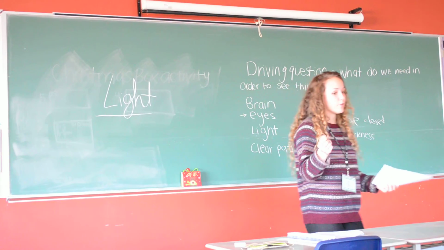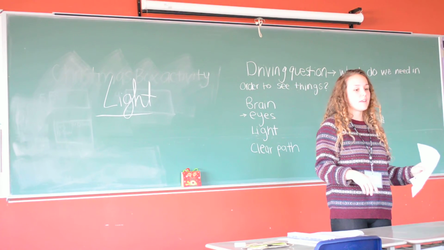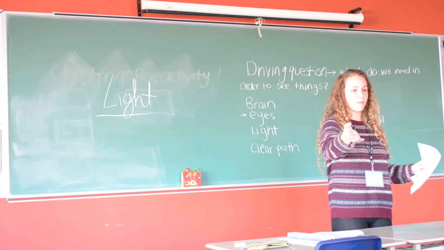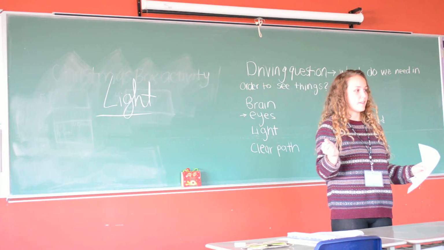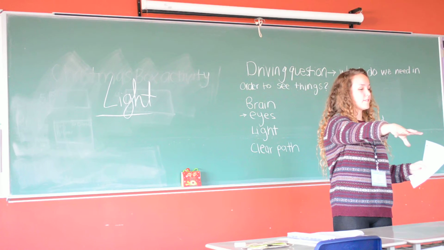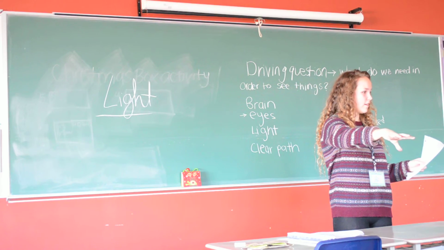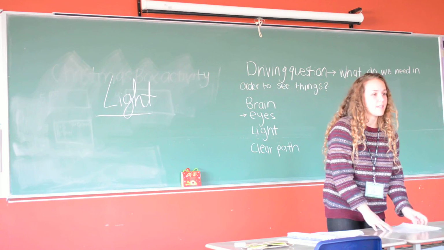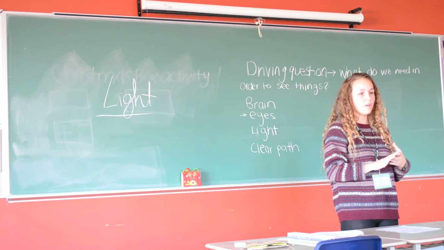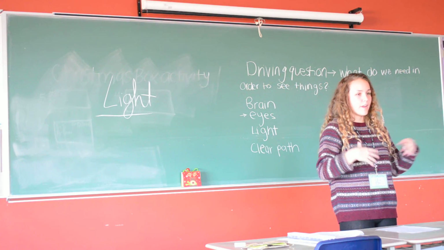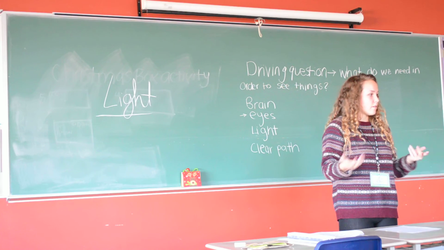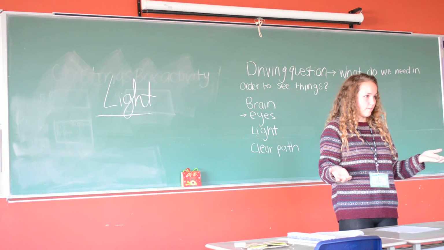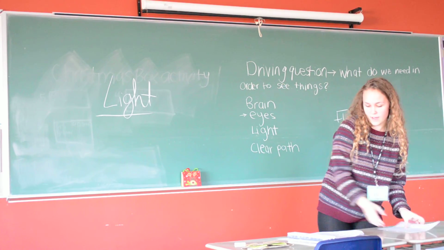So you're going to draw what you see using this model. When you're looking through the box, you're going to write down all the different things that you need in order to see on this model. Does everybody understand that? Okay, and last thing, no model is completely accurate. So you don't have to worry if one model is right or one model is wrong. All models are good. You guys are ready? All right, go ahead.